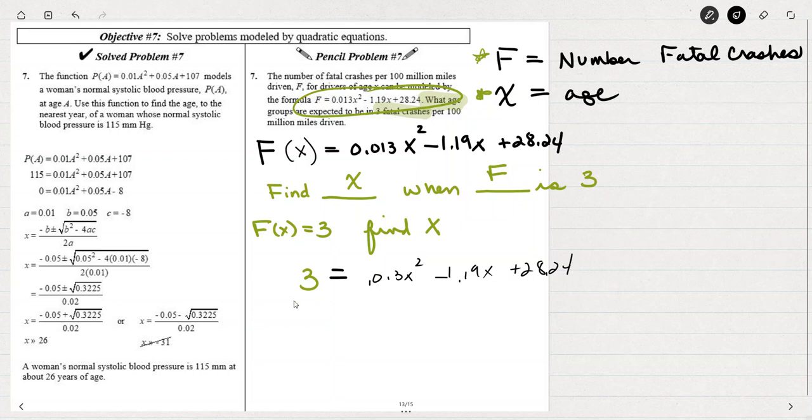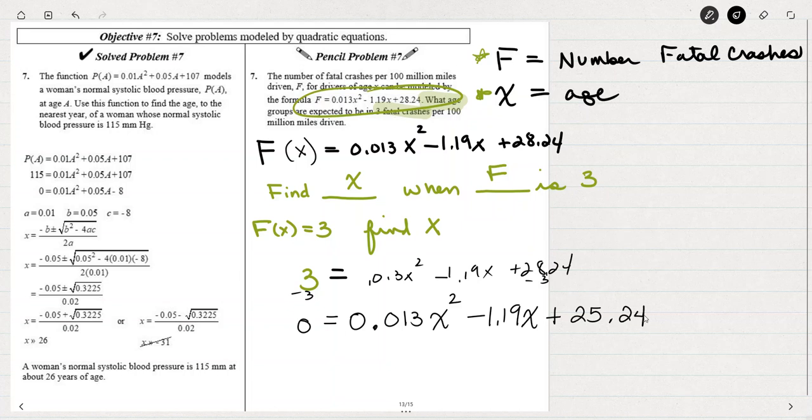The easiest way to do that is going to be to start by setting it equal to 0. So I'm going to subtract 3 from both sides. So I'm going to get 28.24 minus 3 is 25.24.